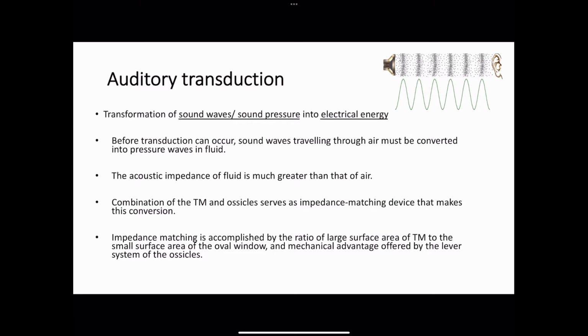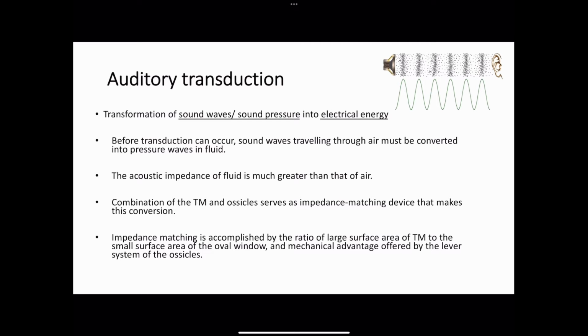Next, we will learn about auditory transduction. It is the transformation of sound waves or sound pressure into electrical energy. Before transduction can occur, sound waves traveling through air must be converted into pressure waves in fluid. The acoustic impedance of fluid is much greater than that of air.